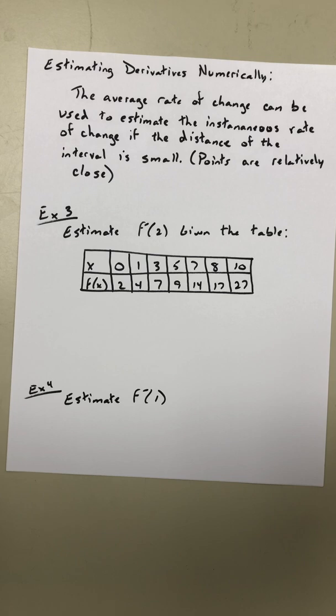This is what is happening within a chart as well. If we take a small set of numbers, then we can estimate what that instantaneous rate will probably look like. It's not going to be exact, it's going to be an estimate, as long as our points are relatively close to each other.